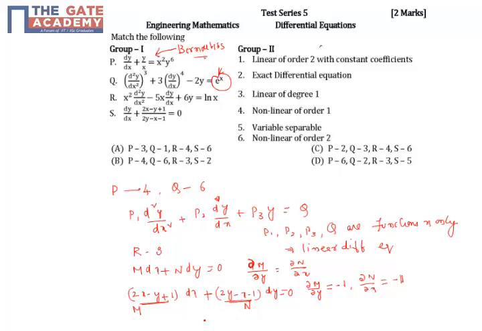So the answer for S is exact differential equation, which is 2. Now you can check the options. P is 4, Q is 6, R is 3 and S is 2. So that is option B. So the answer is option B, the correct answer.